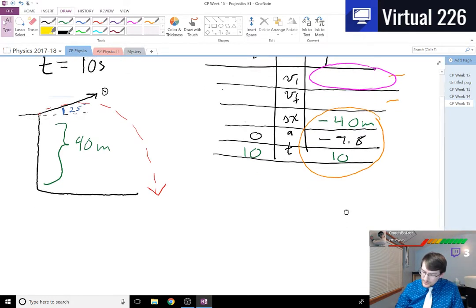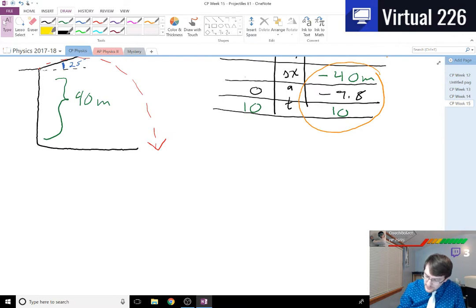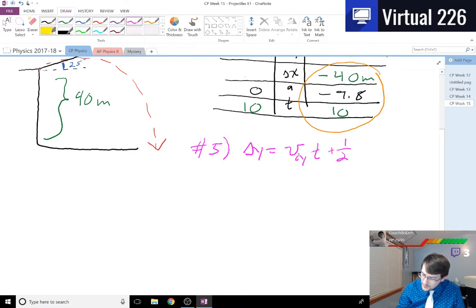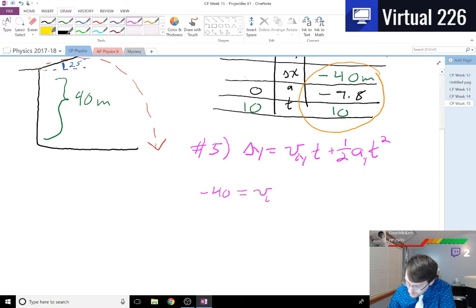I'm actually using equation number 5, delta y equals the initial y velocity times time plus 1/2 a t squared in the y direction. If I plug everything in, I get negative 40 equals what we're looking for, VIY times 10 plus 1/2 of negative 9.8 times 10 squared.